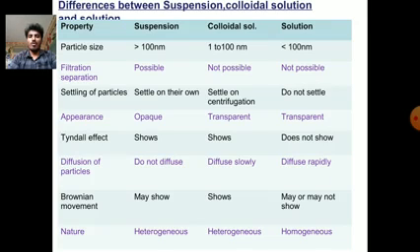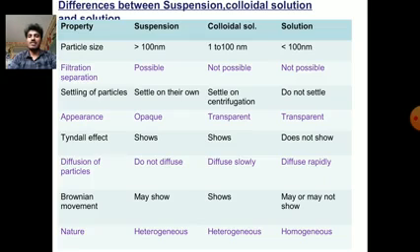First is properties. Particle size in suspension is more than 100 nanometer, in colloidal solution 1 to 100 nanometer, in solution less than 1 nanometer. In filtration separation, in suspension the method is possible, in colloidal solution it is not possible, and in solution it is not possible.